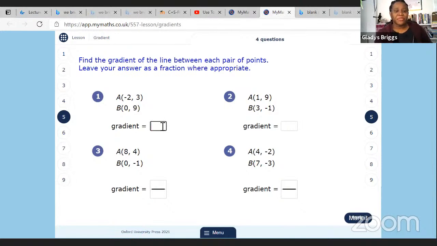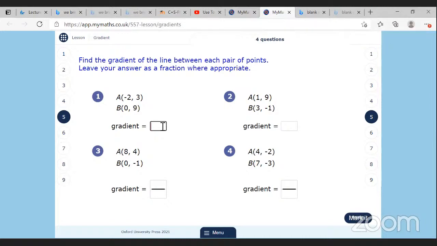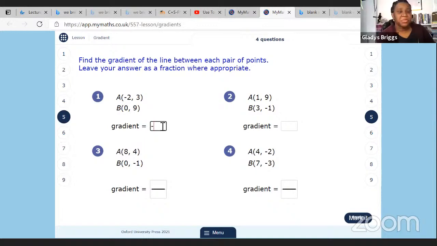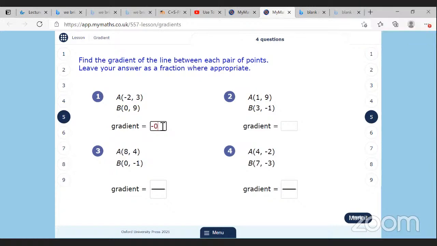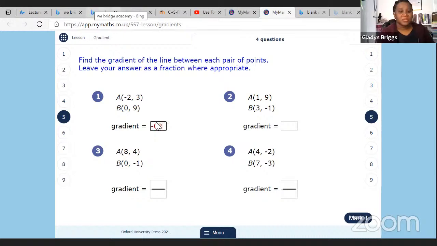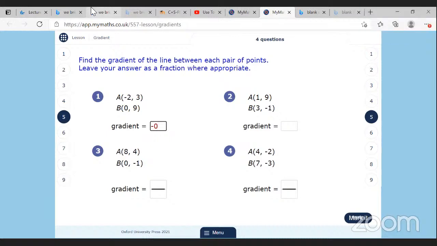So Rim, what did you get for this one? Question 1. Do you want decimal or fraction? Decimal. Negative 0.27. Oh, negative 0.3. Yeah.